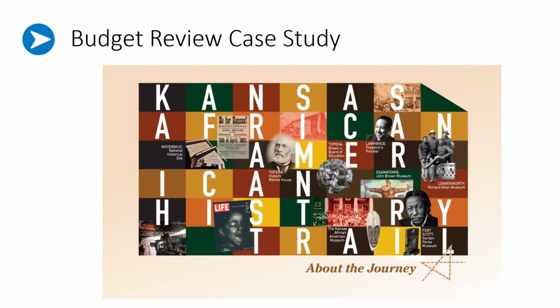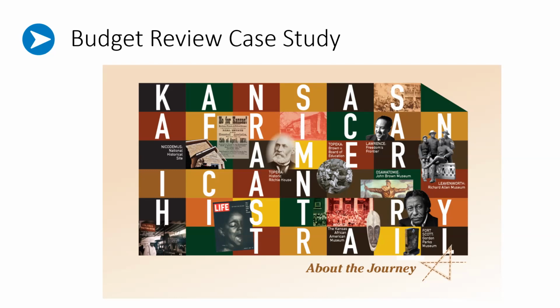So now I want to share with you an actual grant budget. Thanks to the Kansas African American Museum, they're allowing us to use a grant that they submitted, a federal grant that was awarded to build the Kansas African American History Trail. And this is a partnership of several museums across the state of Kansas that feature African American history.